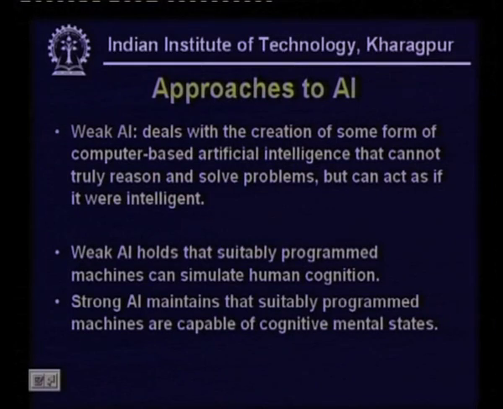So, strong AI really deals with machines that really have mental states that think, reason, understand their behavior, whereas weak AI is involved in simulating human behavior or simulating intelligent behavior without really claiming that the reasoning process behind it is intelligent.